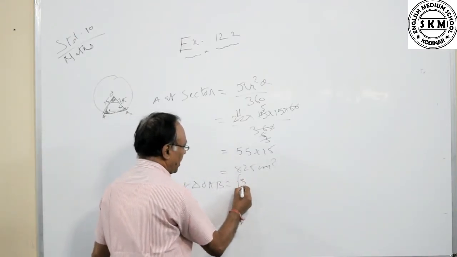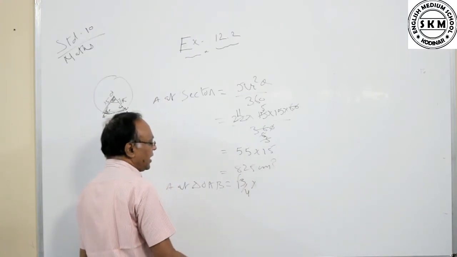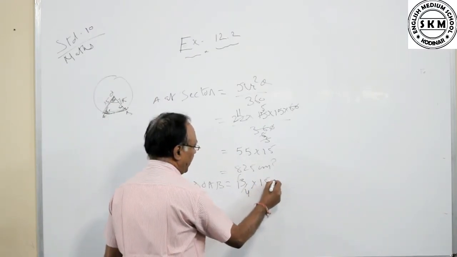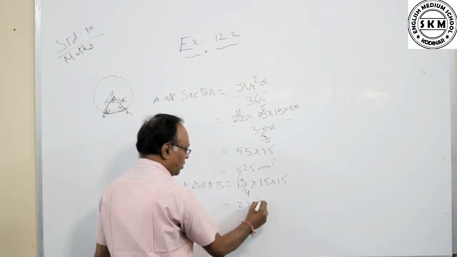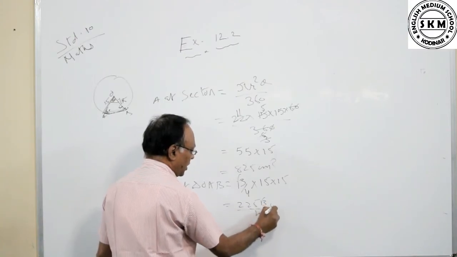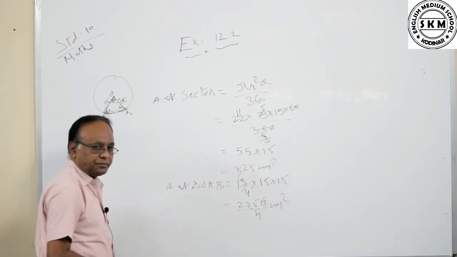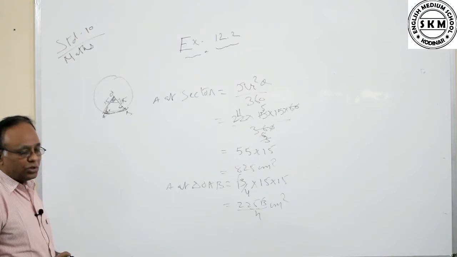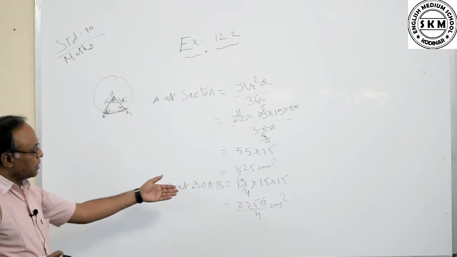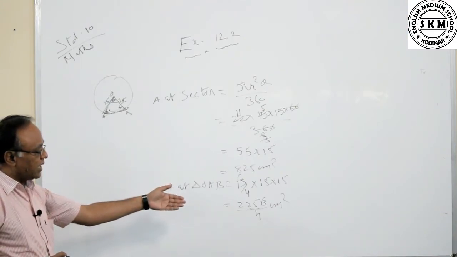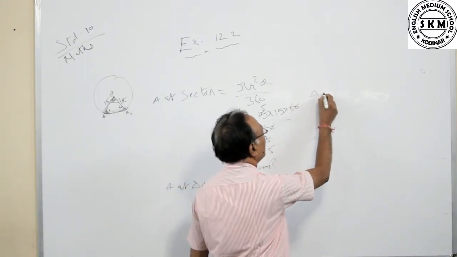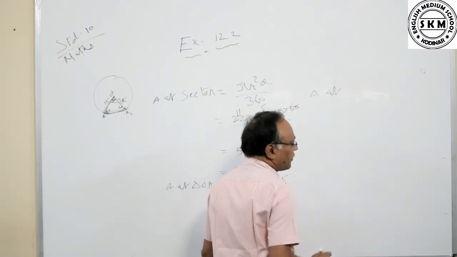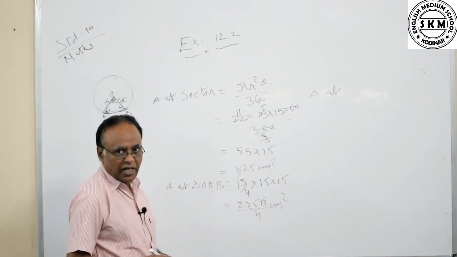Side here is given as 15 into 15, which means 225 root 3 upon 4 centimeter square. Now the root 3 value is 1.73. Apply 1.73, multiply and then divide.